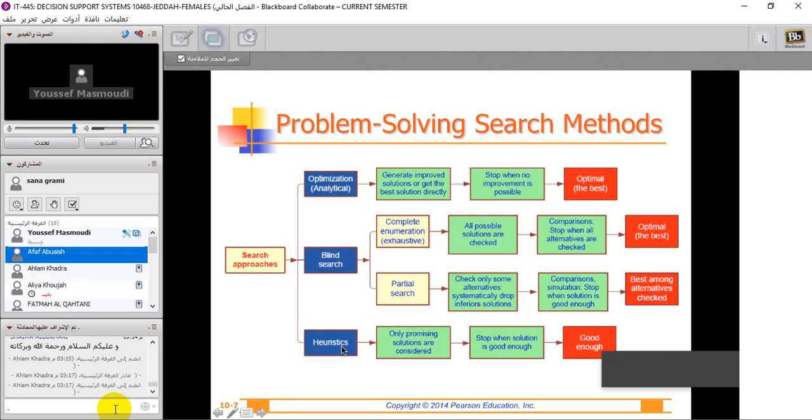The second is the heuristic. We use heuristics when you want to find a good enough solution, not necessarily the optimal one, but a good enough solution.